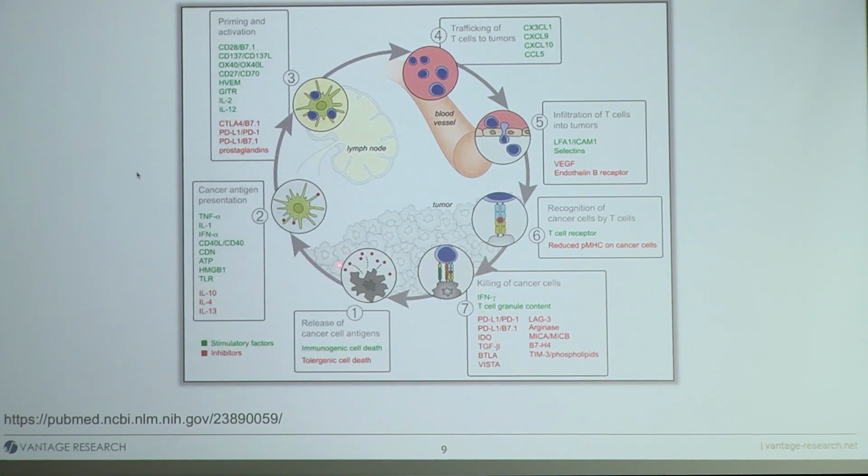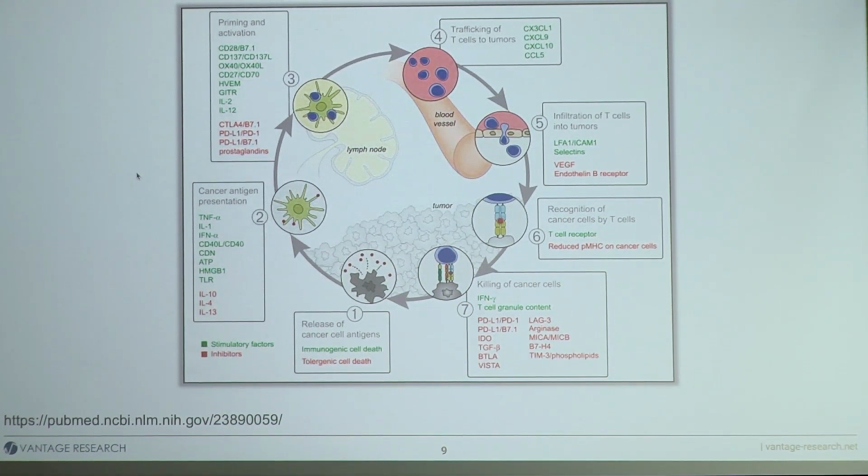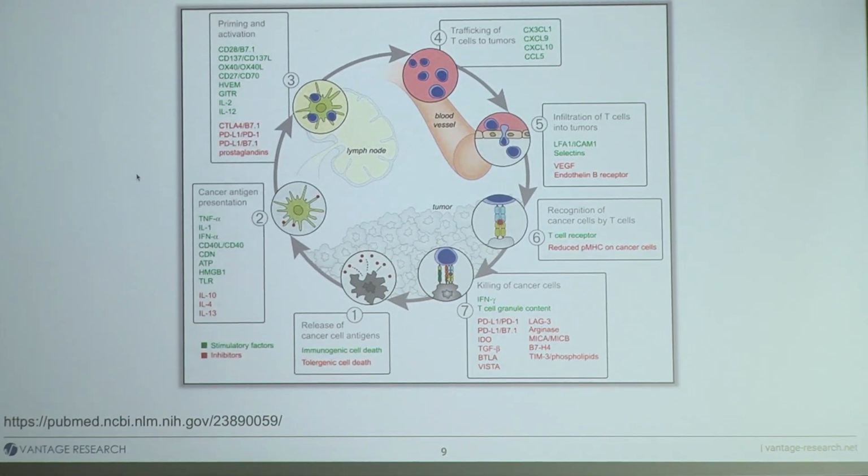So the crux of what is happening is, we all understand that the immune system has evolved to really go after anything that is foreign in our body. A lot of this is infections, viruses, bacteria, but the mutated tumor cell is also a foreign antigen, and in principle this can be recognized by the immune system.